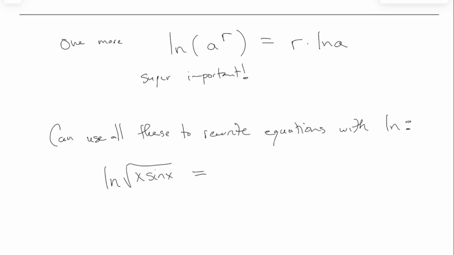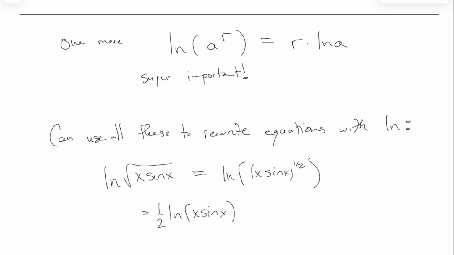You could take the square root and make it a 1/2 power, and then you can use that rule that you see at the top there. So this would be x sine x to the power 1/2. And then, using the rule at the top, the 1/2 can move down in front as a coefficient. So this is the same as 1/2 the natural log of x sine x. Can we do any more?